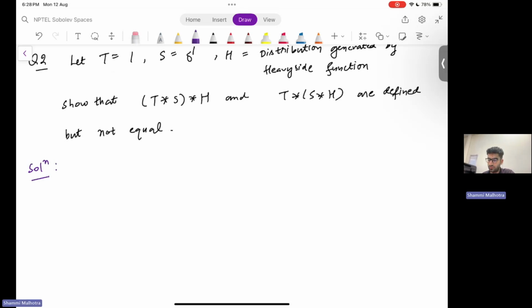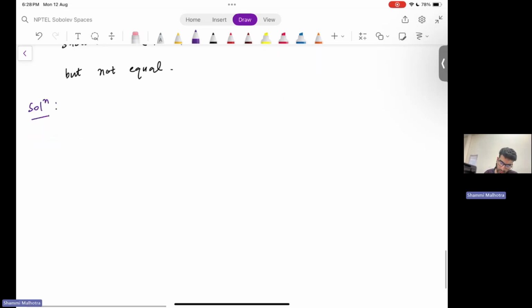So one of the facts which we would like to use is that we know that the distribution derivative of this Heaviside function, dH by dx, is nothing but delta.